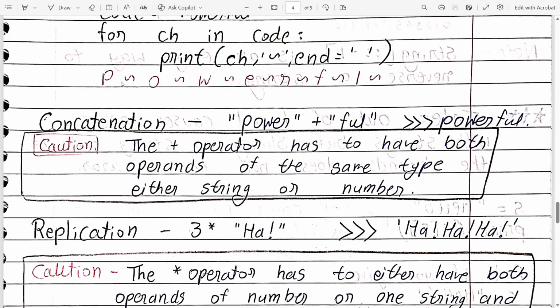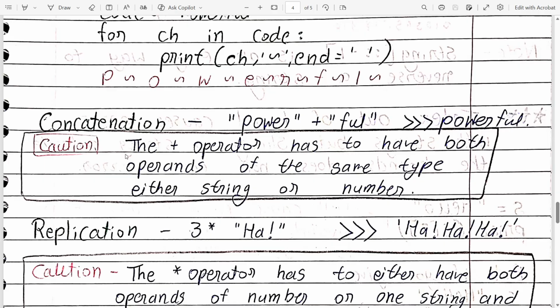So we are traversing the whole string here. Also there are two main operations we can use on strings: concatenation and replication. The plus operator is used for concatenation, and for replication the star, meaning the multiplication operator, is used. So when you write power plus full, it will give the output powerful.